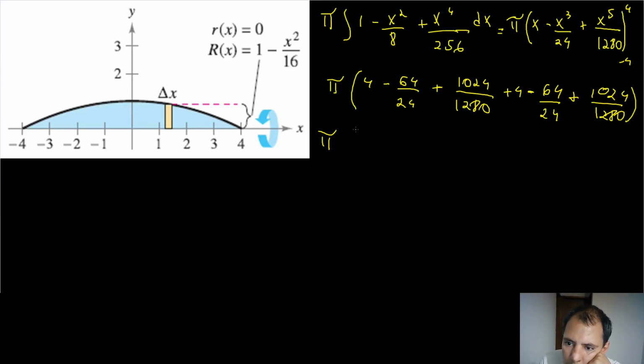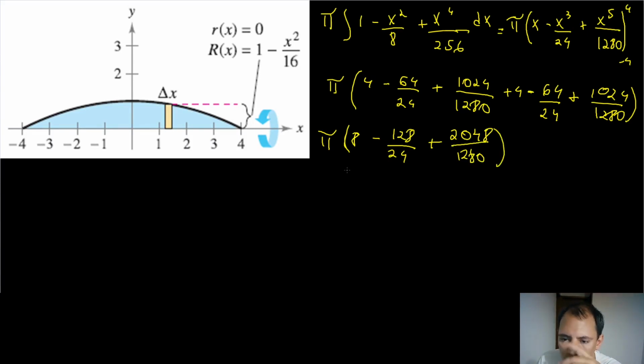Instead of doing that, because I'm in a hurry, I'm just going to say this is going to be 8, right? It's 8 minus 64 minus 128 divided by 24 plus 2048 divided by 1280.